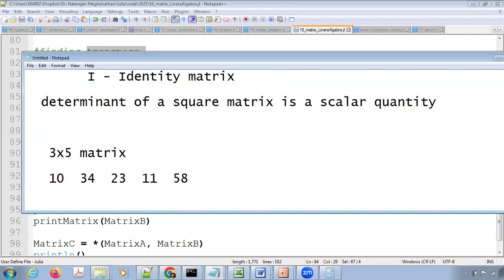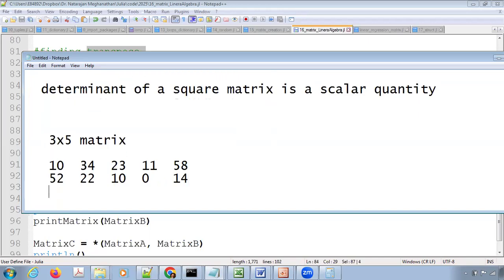And second row, third row, so this is say a 3 by 5 matrix.